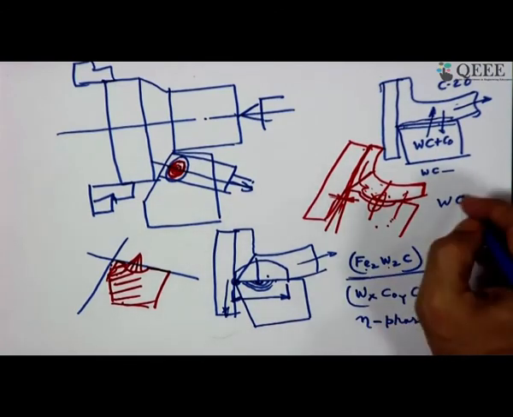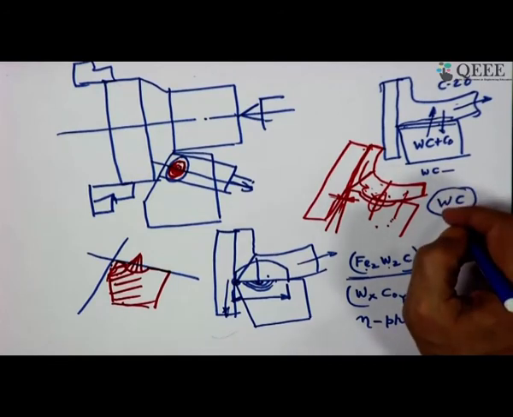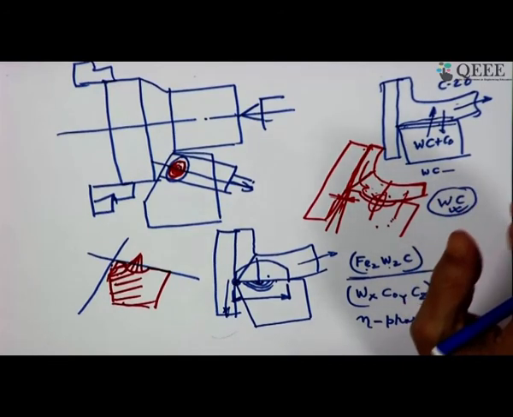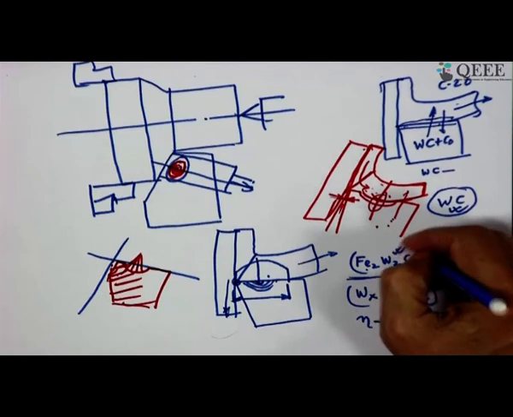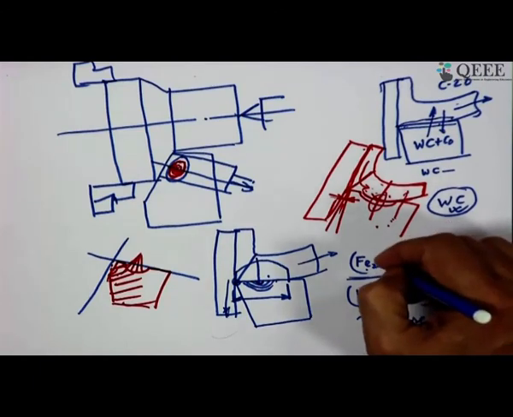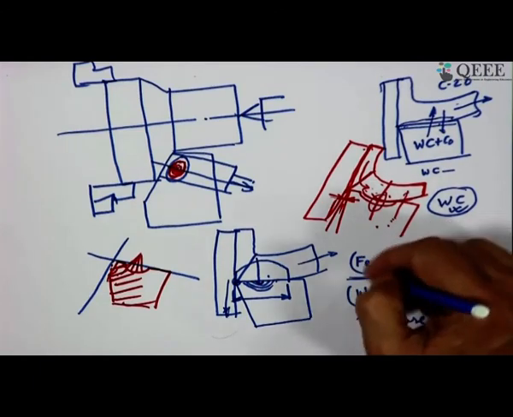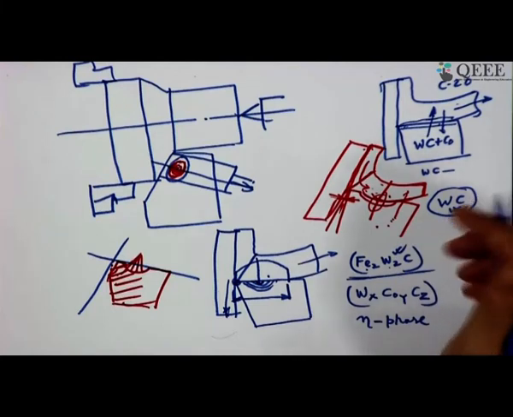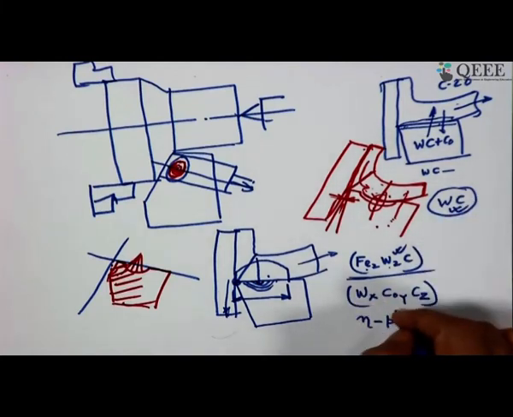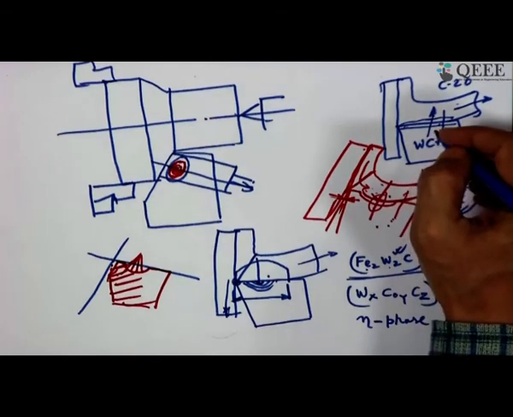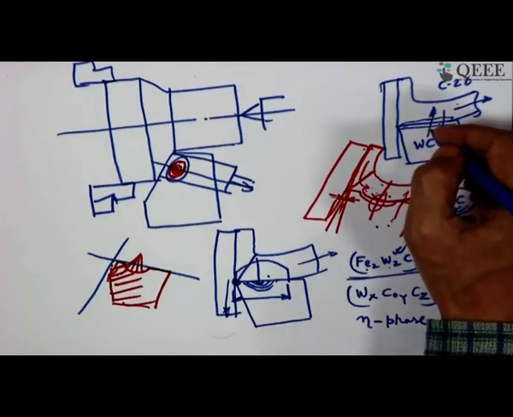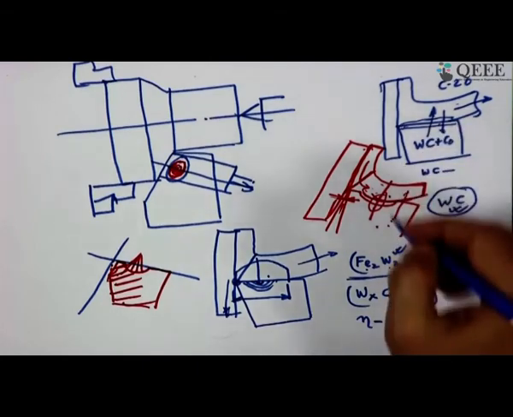So, the property of this layer, the surface which is the tool material, and this one are not the same. This is inferior in property, and this other one, the eta phase, is hard and brittle, very brittle and porous, just below.